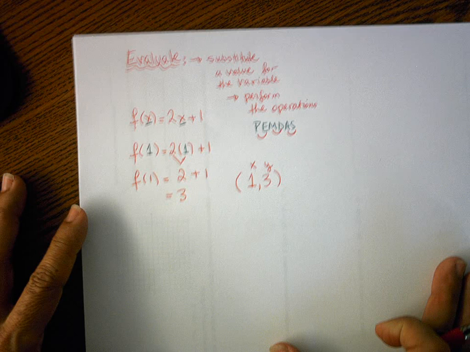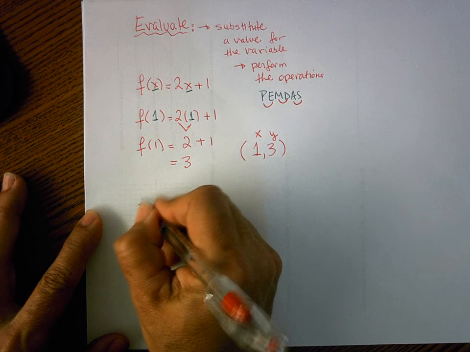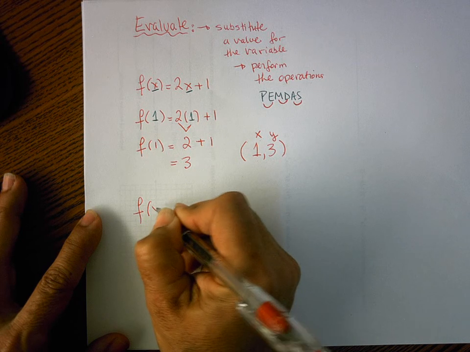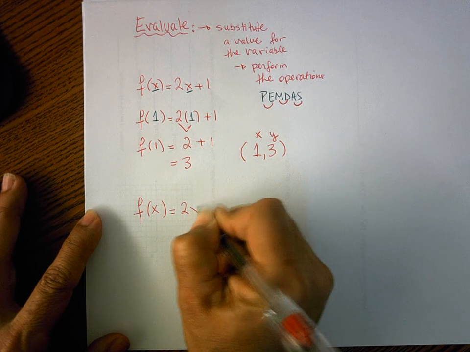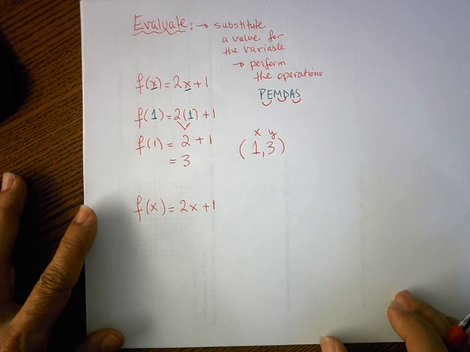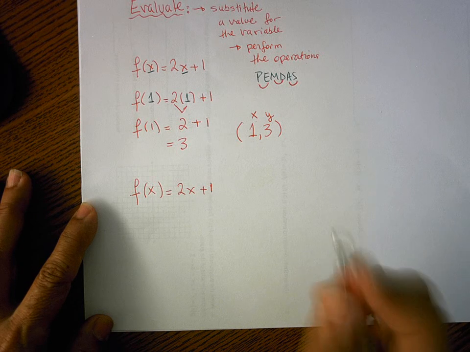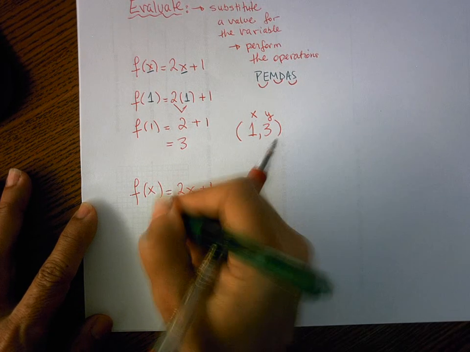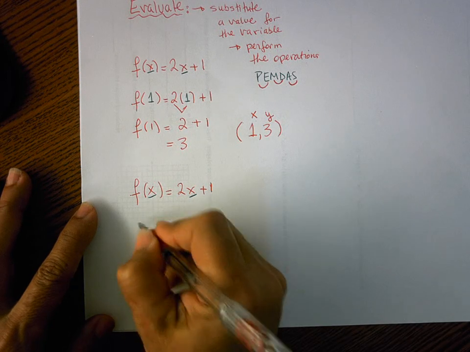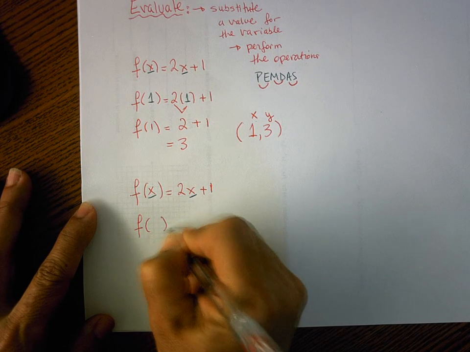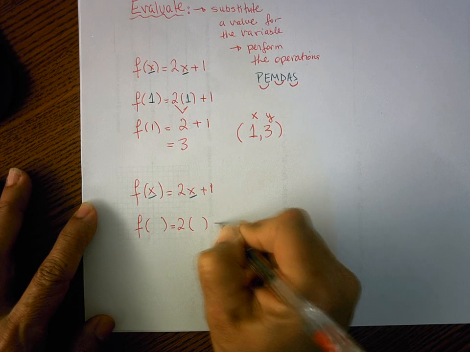Let's do it one more time. What does it mean to evaluate a function? So let's do f of x. Let's do the same exact function, f of x equals 2x plus 1, but this time let's plug in a 5. So first, I like to write the function without the x's, okay? Let's empty it out. I call it emptying out the function. So f of anything you want, blank for now, is 2 times blank plus 1.